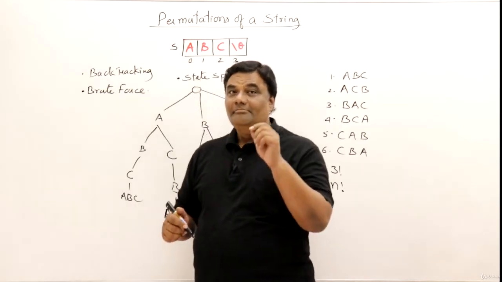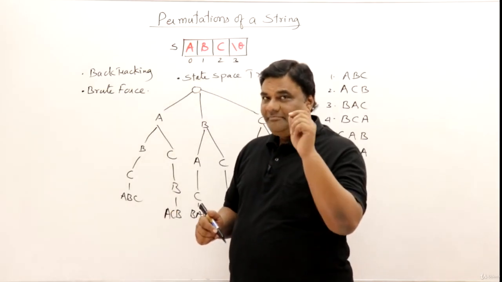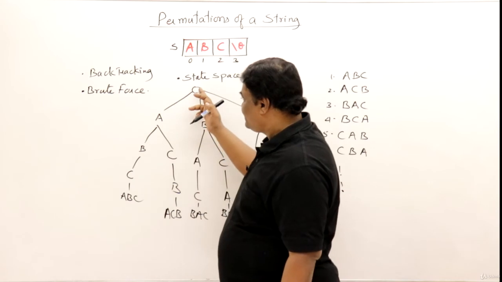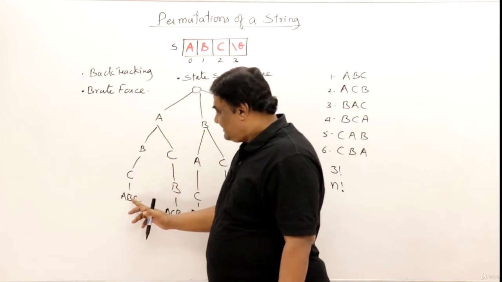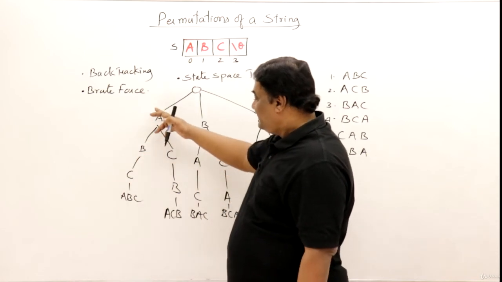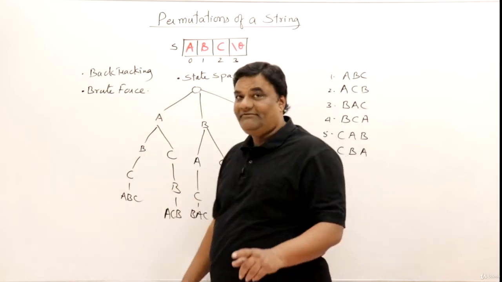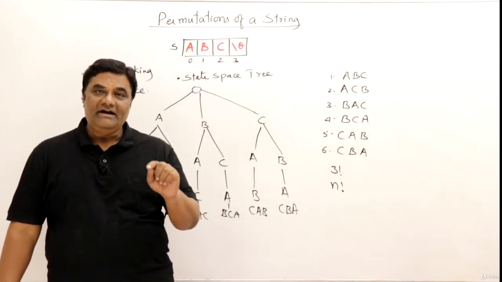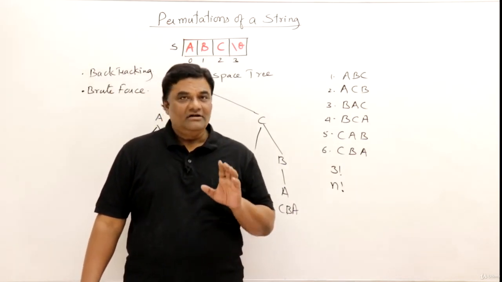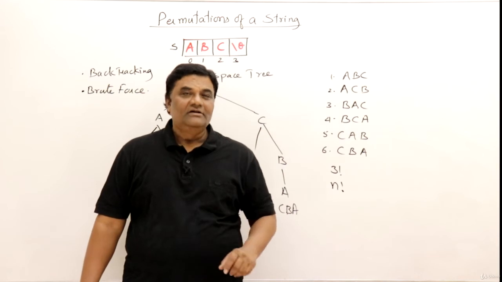Here we are using backtracking. So backtracking, if you observe in this tree, we have gone on to A, then B, then C, then we got a result, then we went back, then back. Then we took another route. We have gone back and taken another possible route. That's what is backtracking. These are the 2 things we learn.